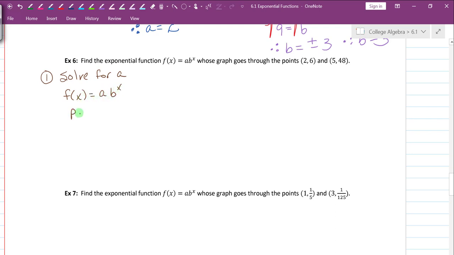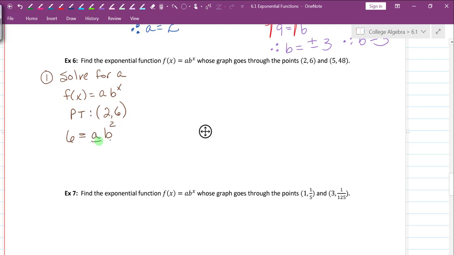I'm going to use point, let's use the first one here, (2, 6). Okay? So this is my x, this is my y. So I have 6 is equal to ab squared.